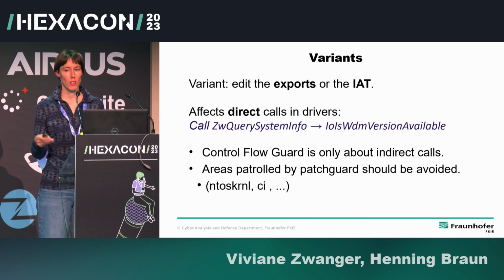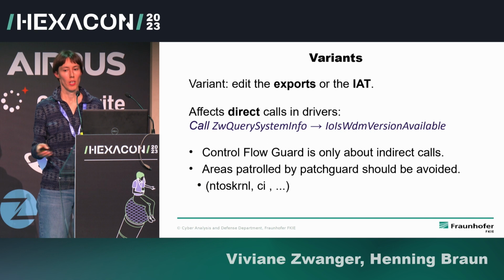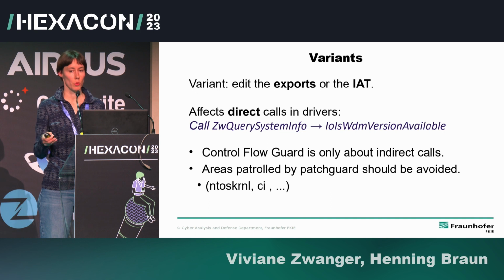You can edit the import address tables of drivers as you want with Fabius. For example, if you have some antivirus driver that maybe does a ZwQuerySystemInformation to get, I don't know, a process list, and as an attacker you don't want the antivirus driver to get some process info, then you want to sabotage it.